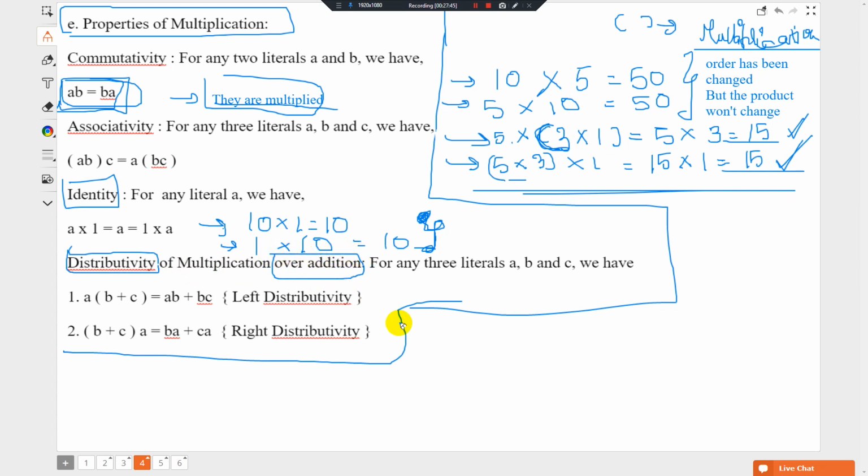We will learn for any three literals, which means any three numbers, a, b and c.